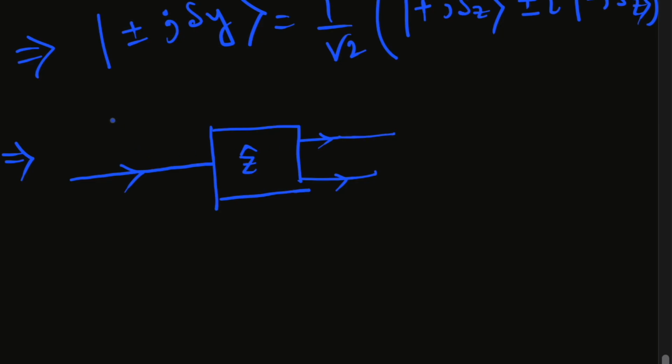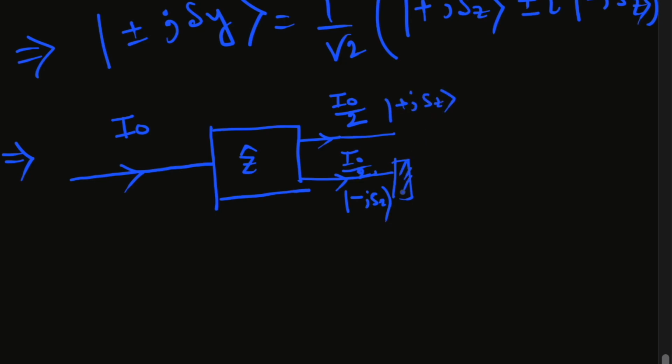If the intensity of the Ag atoms at entrance is I0, then after passing through this apparatus, it will be divided into two streams, each with intensity I0 by 2.